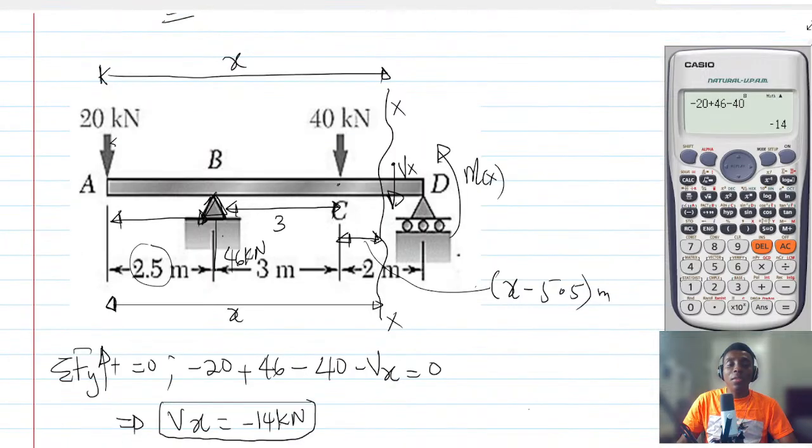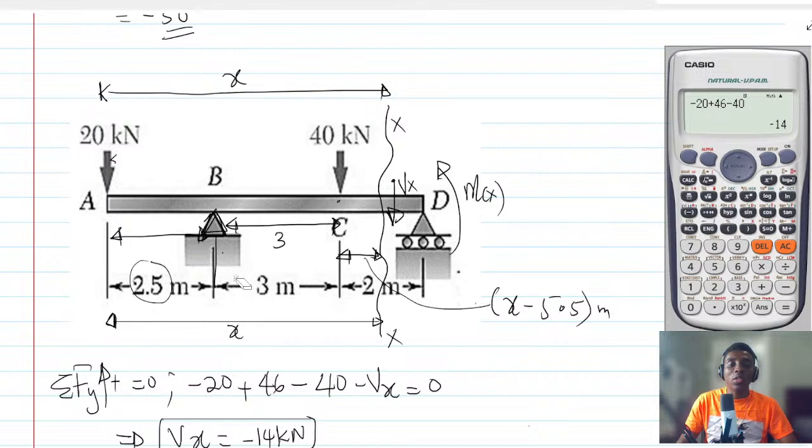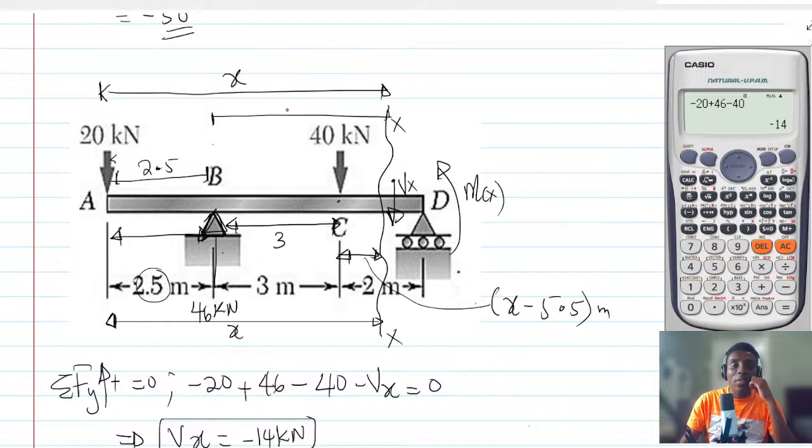And then you have the By, which is the 46 kilonewtons. And then that one is going to what? About the section, because this one is 2.5 from here to here. Now if I want to get this distance here for the 46 kilonewton, that distance is going to be x minus 2.5.